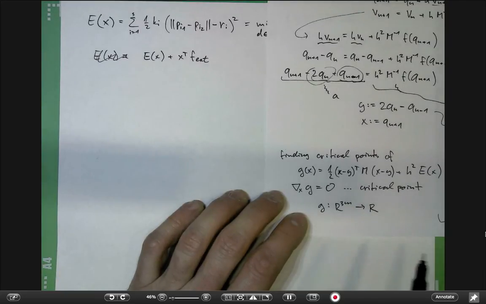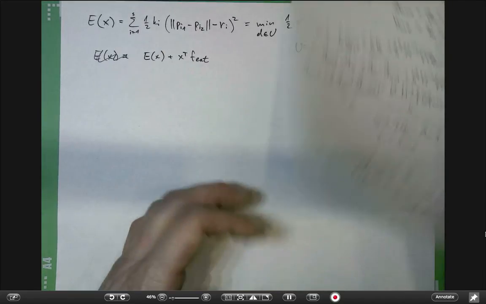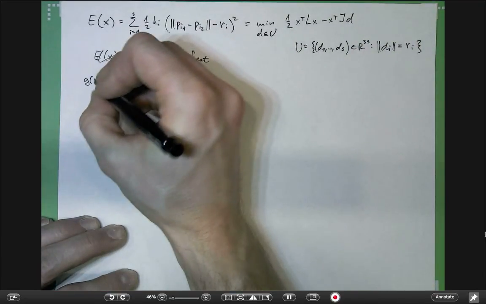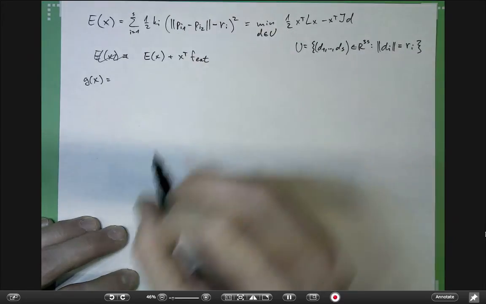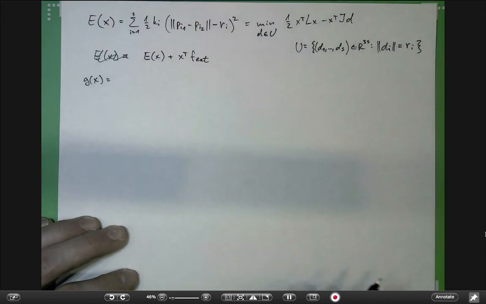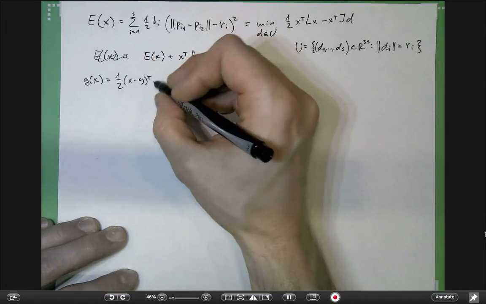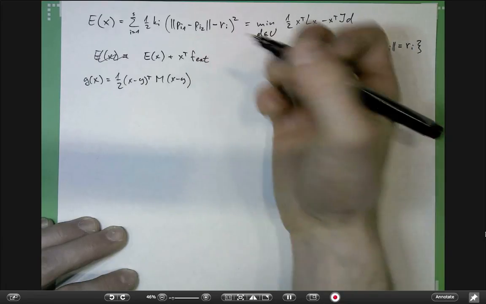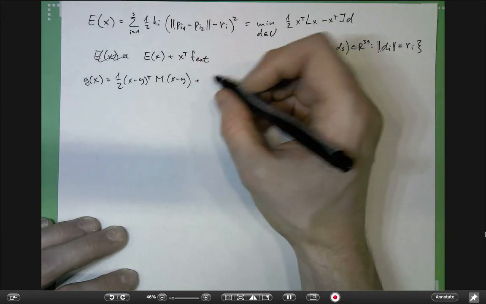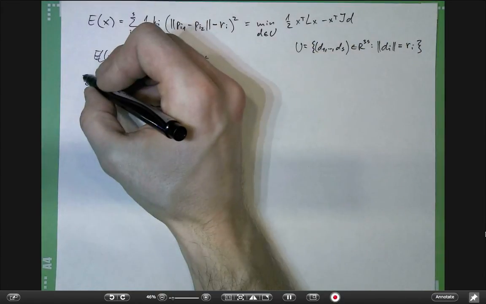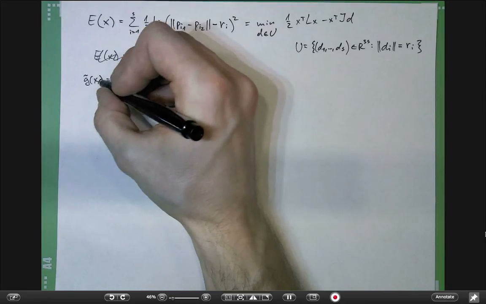So what I'm going to do is I will just put this into g(x). Let me write it again here. So the g(x), then I substitute for the E, is going to be the same, 1/2 (x minus y) transpose M (x minus y), and I will have plus, you know what, this is going to be the g tilde with x and d.